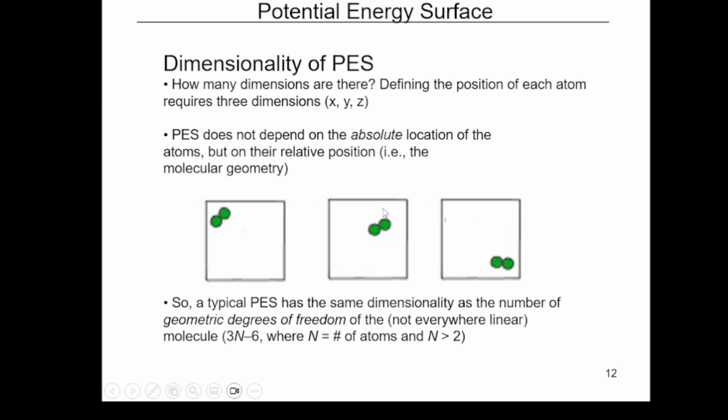Despite being different absolute positions, their relative positions are the same, so the potential energy is the same. So potential energy does not depend on the absolute location of the atoms, but on the relative position, and that is the molecular geometry. So a typical potential energy surface has the same dimensionality as the number of geometric degrees of freedom.